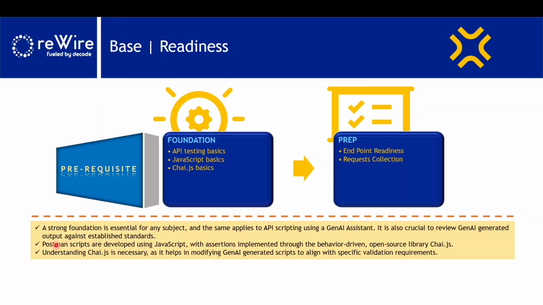And the second part is that Postman scripts are developed using JavaScript with assertions implemented through the behavior driven Chai.js. So we have the technical content implemented in JavaScript, but that is only the structural statements.